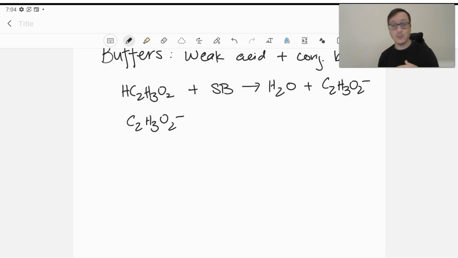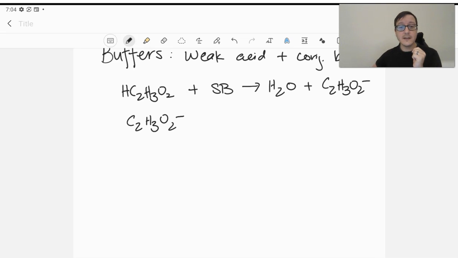We're producing acetate, which is a weak base. In essence, we are taking a strong base added to our system and converting it into a weak base. The pH of your strong base will be extreme, very high, but the pH of a solution of acetate would be only a little bit high by comparison.